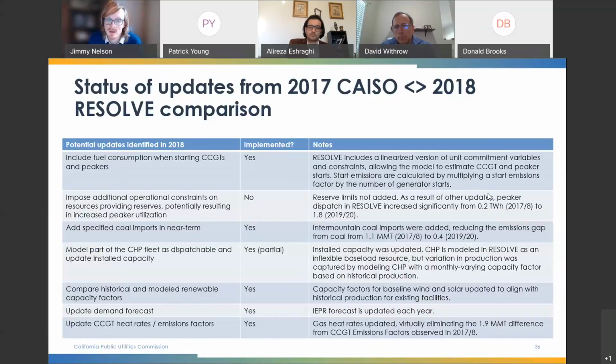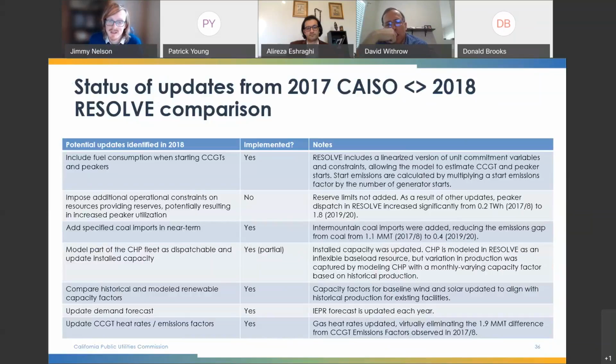We did include fuel consumption when starting combined cycles and peakers. That may be one of the reasons why emissions are more in line for gas plants in this round. We did not do a deep dive on the resources providing reserves. I think that was mostly just a timing issue. We may revisit that in the future, though with batteries coming online, that becomes maybe less of an important issue.